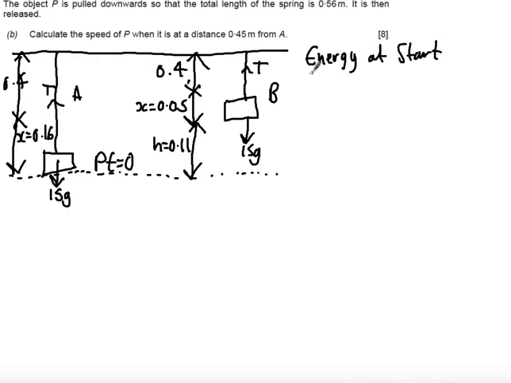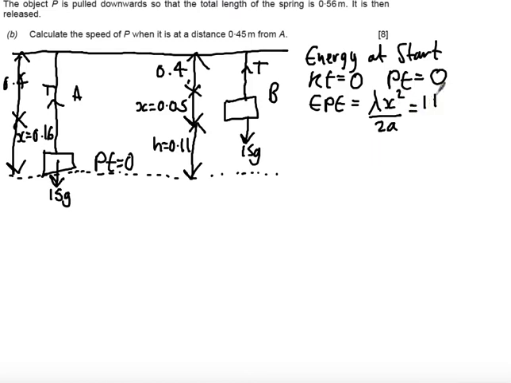What I know is it's being held at rest, so the kinetic energy is 0. And since I've set the potential energy to be the lowest point, potential energy is 0. So all I have is elastic potential energy, lambda x squared over 2a, which is going to be 1,470 times 0.16 squared all over 2 lots of 0.4.